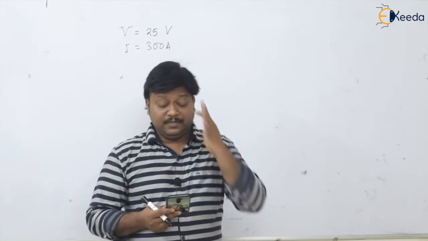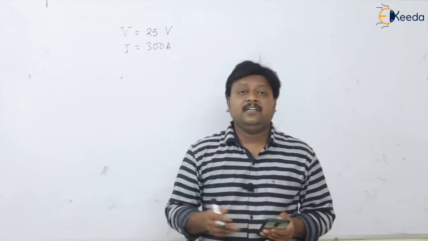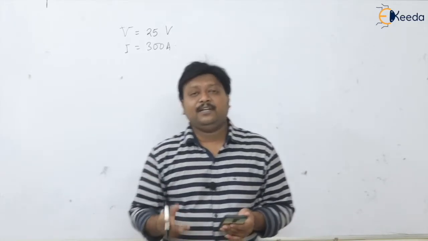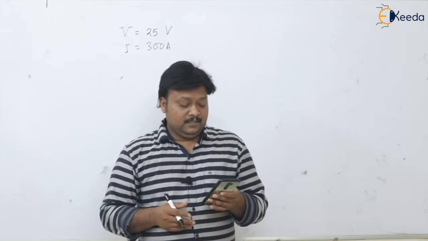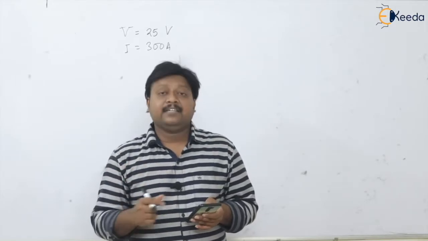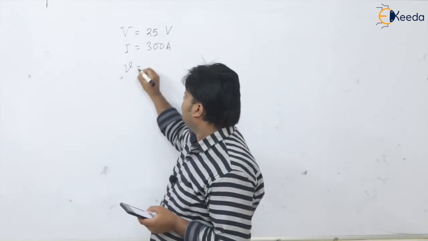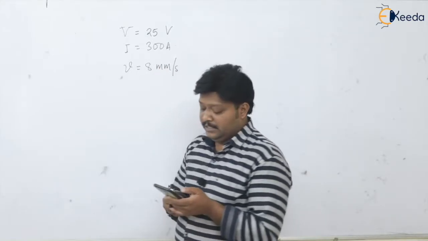Okay, so the arc welding is given, the voltage 25 volt, current 300 ampere, and the welding speed or weld travel speed is 8 mm per second. It is given. Okay, so what are they asking?